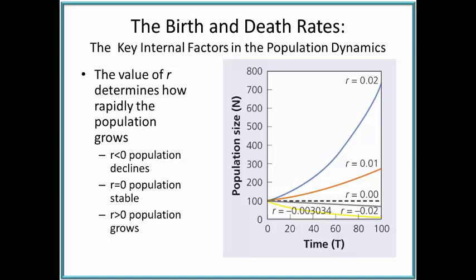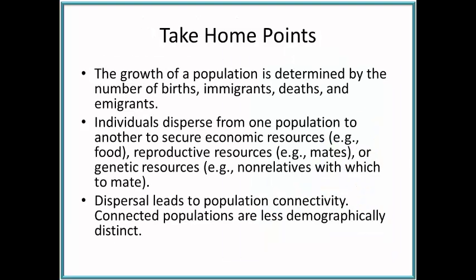If birth rates and death rates, B and D, are equal, then r is equal to 0, and the population is stable. And if r is greater than 0, positive, because birth rates are greater than death rates, then the population grows. So the intrinsic rate of increase, or r, whether it's negative, 0, or positive, will tell us about what's happening as far as the population growth.